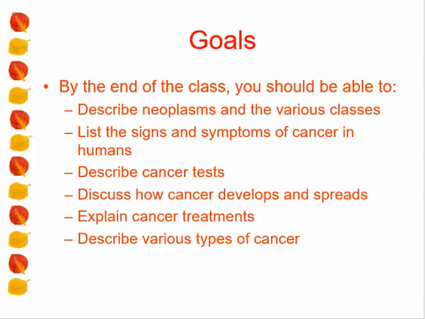More important is how does cancer develop and how does it spread, because these are the ways that our understanding will fuel treatments and future treatments. Explaining the current treatments, some of them, and describe various types of cancer. This is really an overview of it.